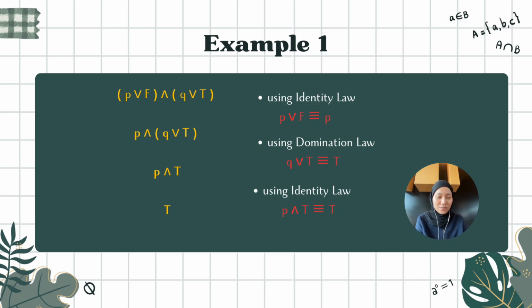By using the identity law, we can show that P or F is logically equivalent to P. So P or F gives P. The next expression will be P and Q or T. Next, we can use the domination law, where Q or T is logically equivalent to T. So the next expression we get is P and T. Lastly, we can use the identity law, where P and T is logically equivalent to P. So, that is the answer we get.